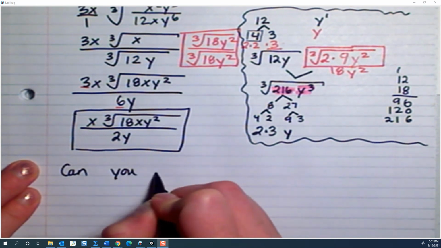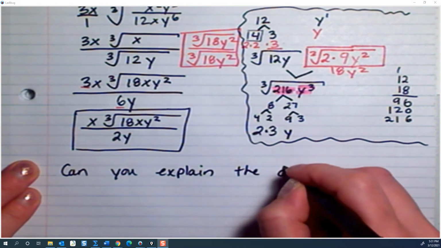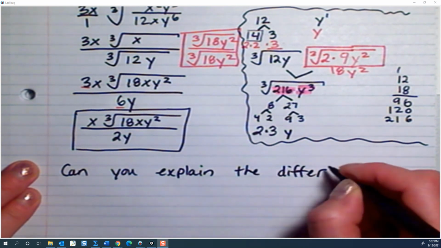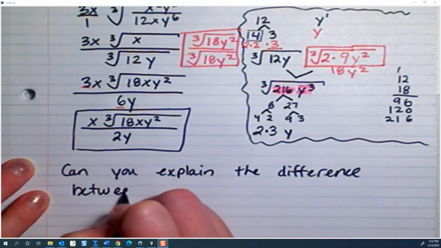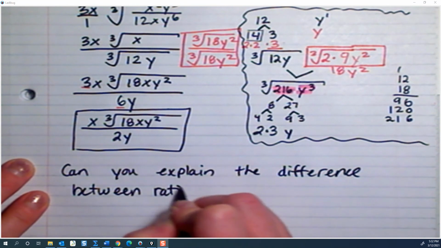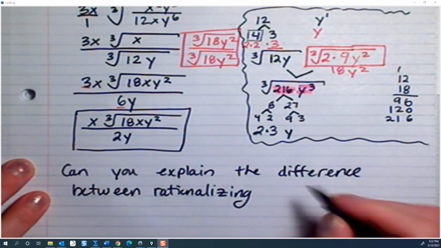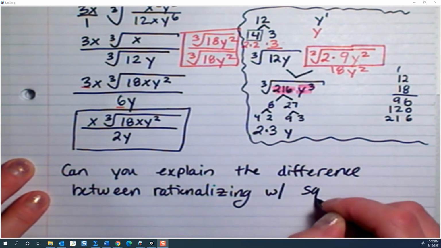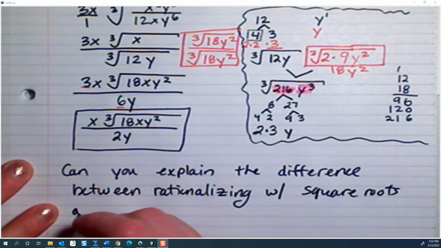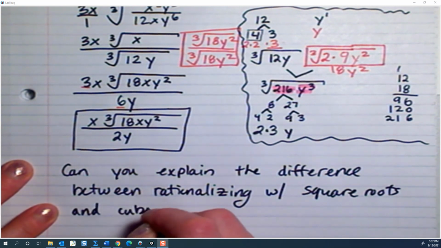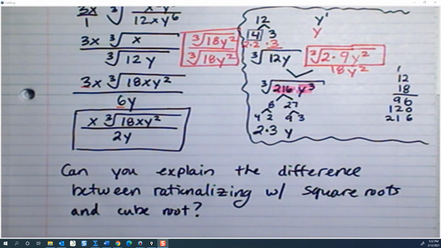Can you explain the difference between rationalizing with square roots and cube roots? Okay, can you explain the difference?